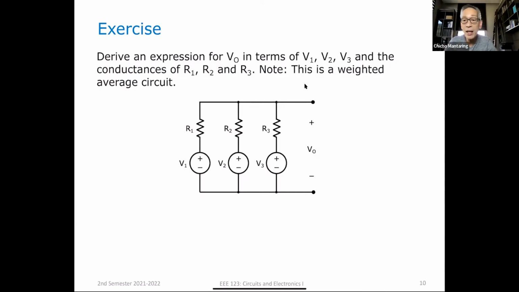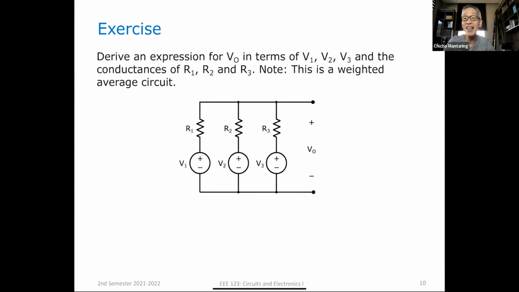How many essential nodes do we have in this circuit? Anyone? How many essential nodes do we have in this circuit? Who haven't I heard from yet?